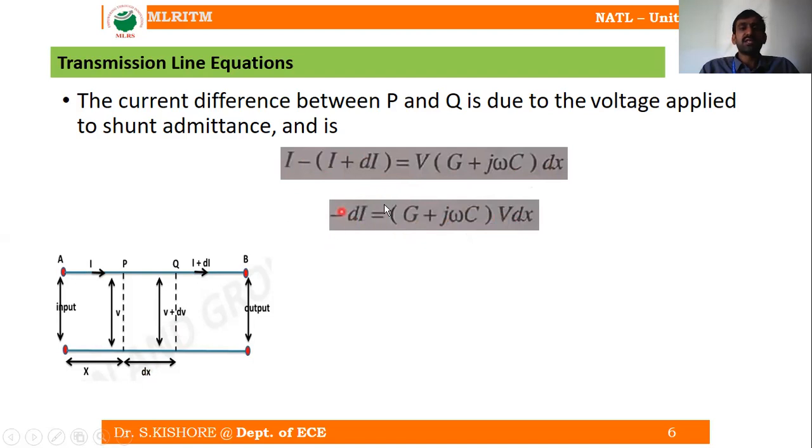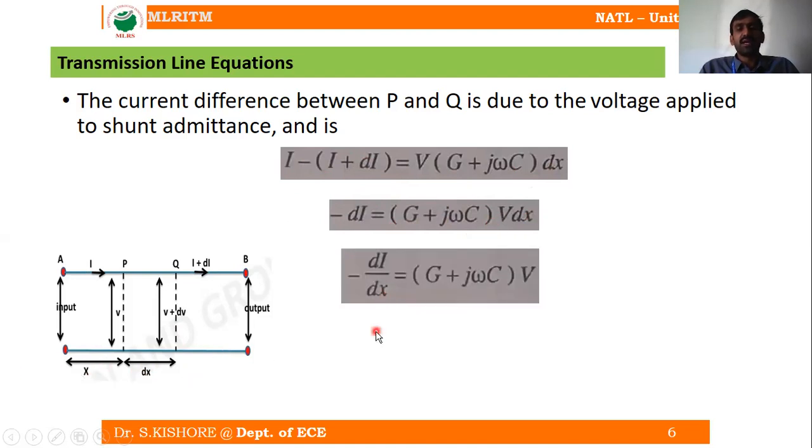This is the change in current with respect to the distance x: minus dI by dx is equal to (G plus j omega C) into V. Let us call this equation number 2.